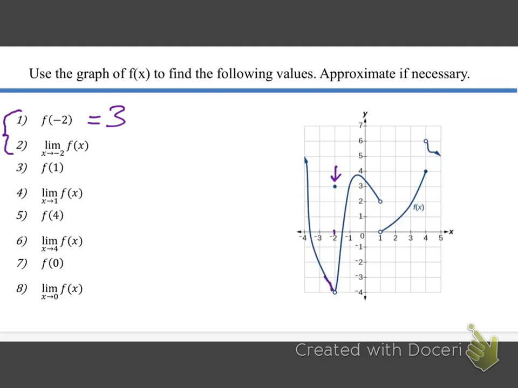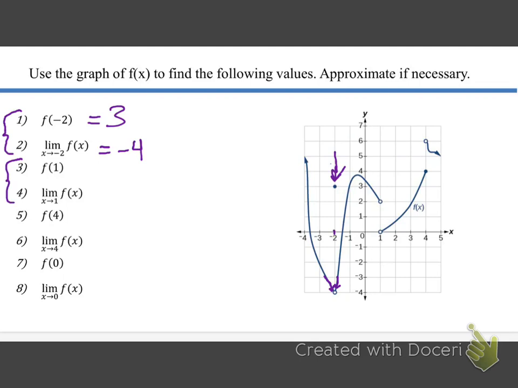So again, this is the idea of limits. What does it seem like should be there? Well, both sides of this graph are pointing to the output of negative 4. So the function value up here is 3, but it seems like when x is negative 2, it should be negative 4.